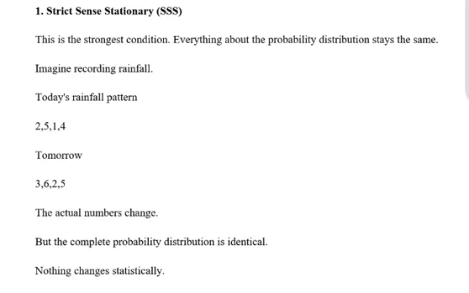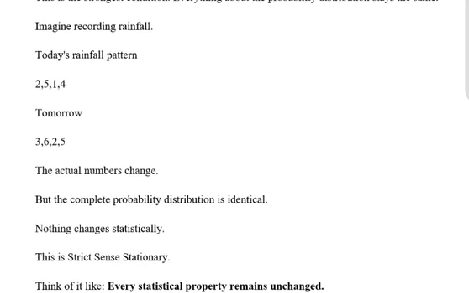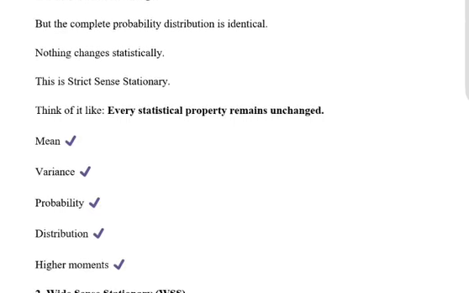Let the pattern of the rainfall be 2 centimeters, 5 centimeters, 1 centimeter, and 4 centimeters. If I measure the rain tomorrow, I get 3 centimeters, 6 centimeters, 2 centimeters, 5 centimeters. It is clearly evident that the numbers are changing. It is not constant. But the complete probability distribution of these values is actually identical. So nothing changes statistically. This is what I call a strict sense stationary process.